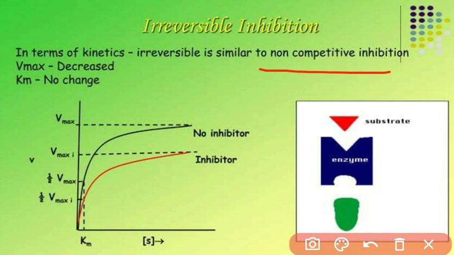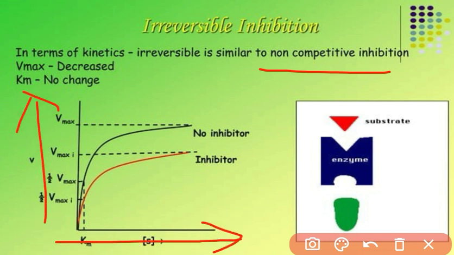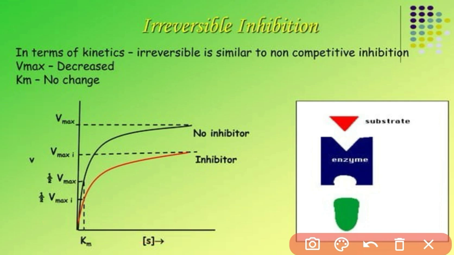In this graph, we plot substrate concentration on the x-axis and velocity of the reaction on the y-axis, represented by V, and substrate concentration represented by S. There are two lines: when an inhibitor molecule is present, shown in pink, and no inhibitor, shown in black.